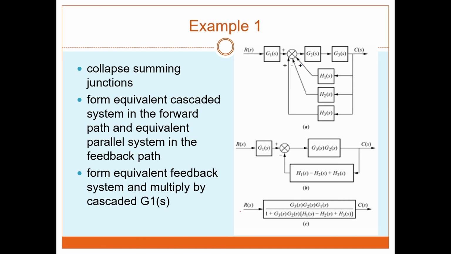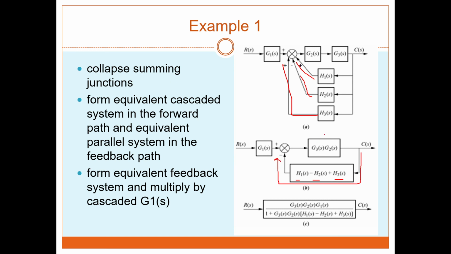Okay, so in this example, we have summing junctions where the first feedback is here, the second one, and the third one. So that means we have to consider different inputs at the multiplier as feedback of the system.